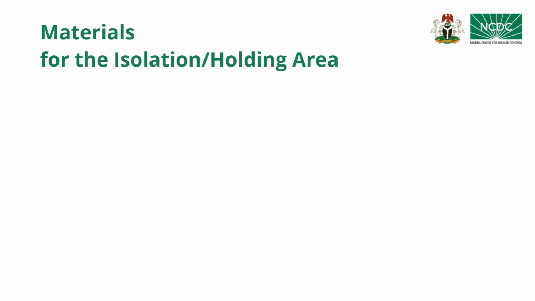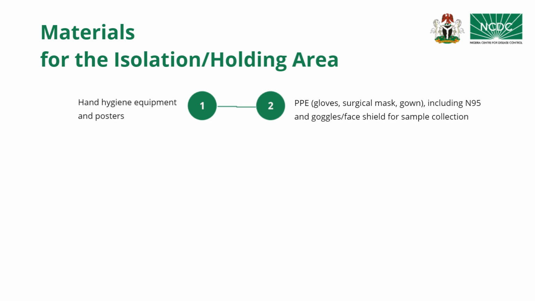The following materials should be provided for the isolation or holding area: hand hygiene equipment and posters, personal protective equipment such as gloves, surgical mask, and gown. If samples for laboratory testing are to be collected at the isolation room, N95 mask and goggles or face shield should also be available.